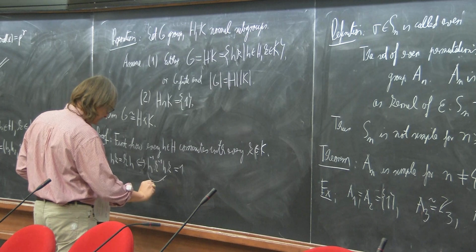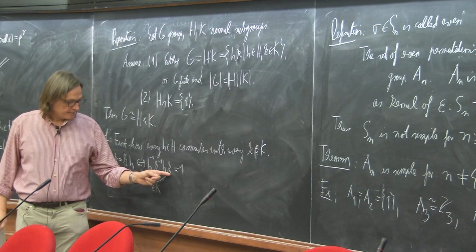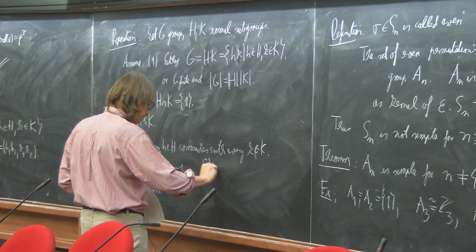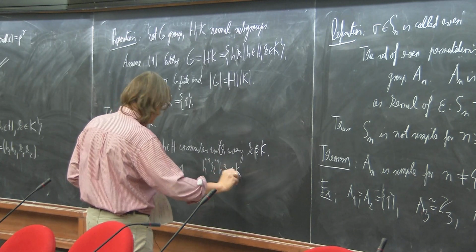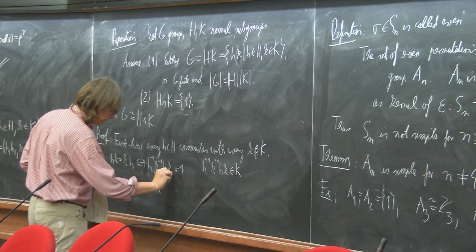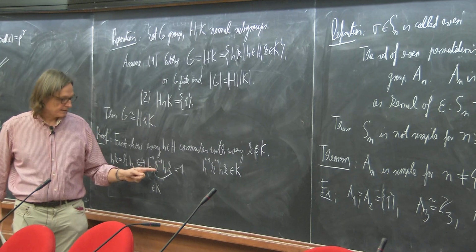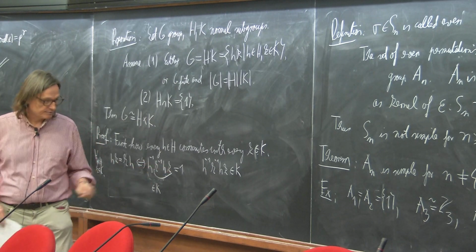So this is an element in K. And this is also an element in K. So it follows that h to the minus 1, k to the minus 1, h, k is an element in K. And in the same way, if we look at it the other way, we have an element in H, we conjugate it by k to the minus 1, and then we multiply by an element in H. This is in H.